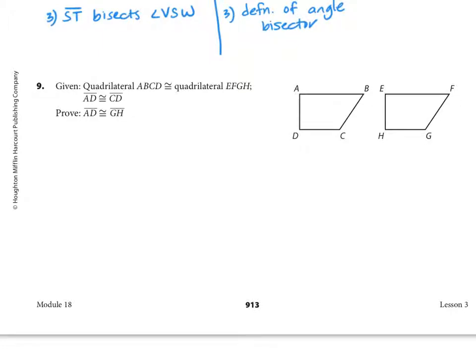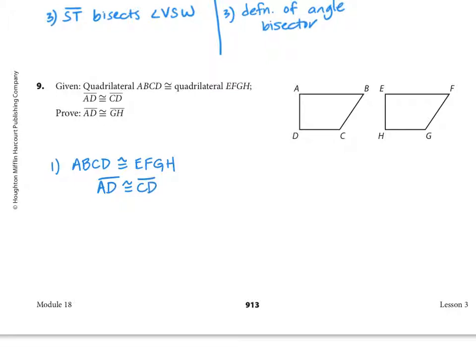our first statement. Okay, we got a couple of statements to put together here. In statement number 1, I've got quadrilateral ABCD is congruent to quadrilateral EFGH. I'm saving myself some space here by not writing the word quadrilateral. And segment AD is congruent to segment CD.